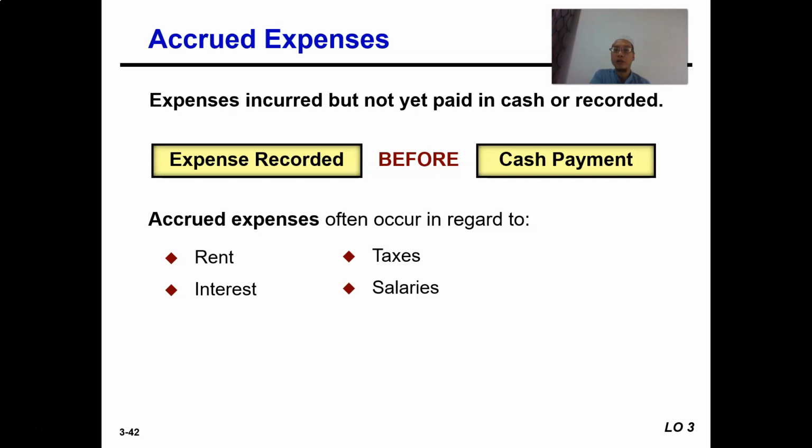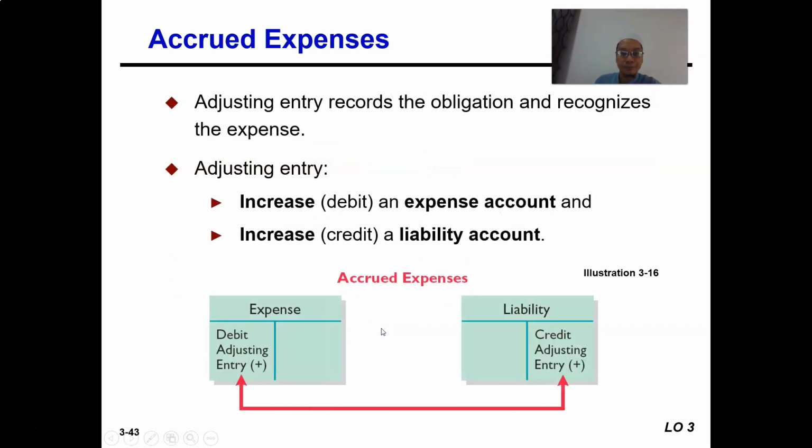We have made the borrowing, but we have not paid the interest for that period. We have incurred taxes from the government, but we have not paid the taxes. Our workers have worked for the month, but we have not paid the salary.